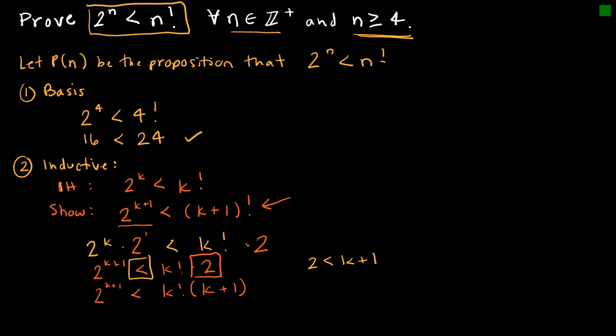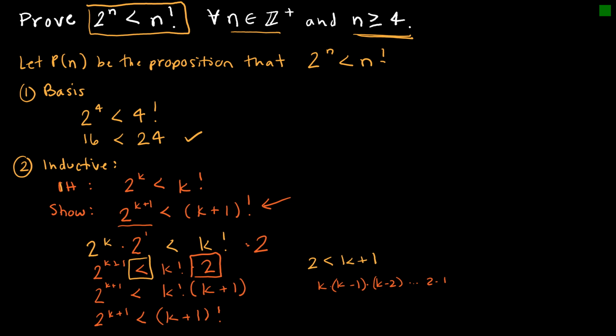And what do I know about k factorial times k plus 1? Well, I know that that is actually the same as k plus 1 factorial, just by definition of the factorial function. If you have k factorial, remember that means k times k minus 1 times k minus 2, etc., all the way down to 2 times 1.